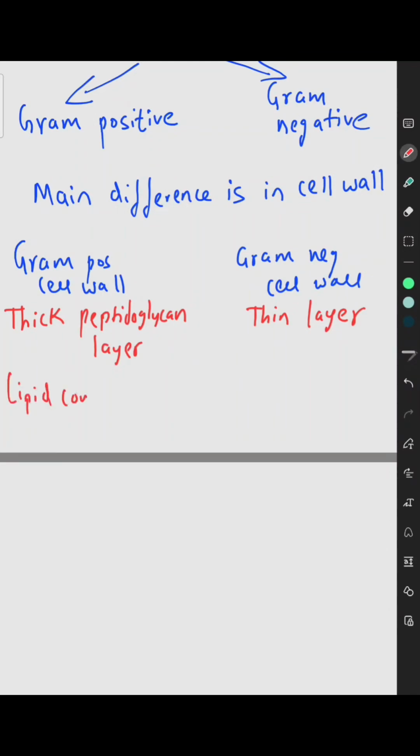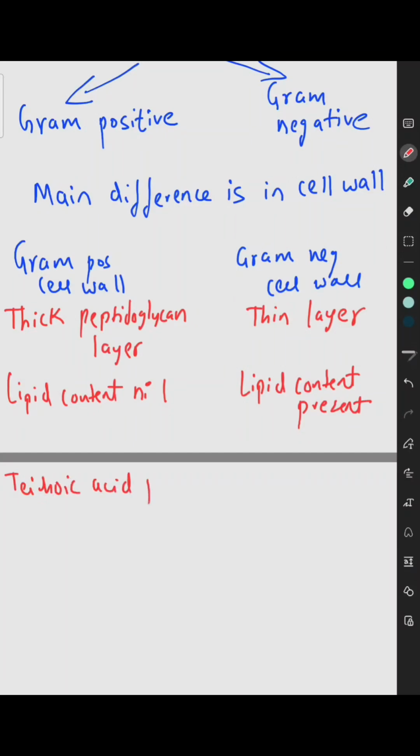Next difference is that the lipid content in the gram positive cell wall is nil. It does not have any lipids at all, whereas lipid content is present in the gram negative cell wall. Now in the gram positive cell wall, the teichoic acid is also present, but in the gram negative cell wall, the teichoic acid is absent.